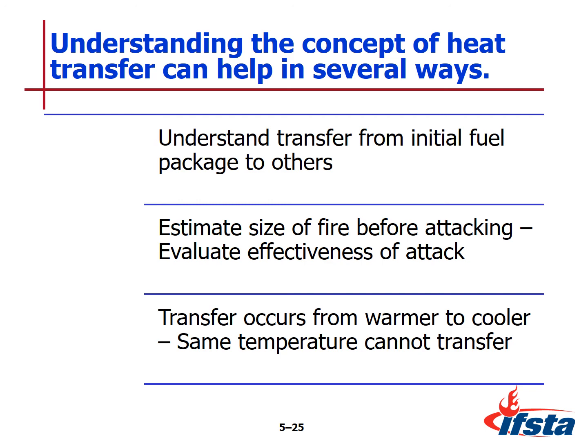A lot of smoke? A lot of flame coming out? It gives us an idea of how we want to attack the fire itself, whether we can go in with a little itty bitty water can and put it out, or if we need something bigger. And obviously, like we've said multiple times, transfer occurs from warmer to cooler, and the same temperature cannot transfer.